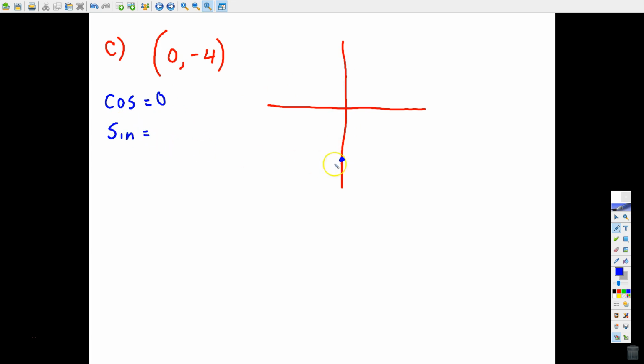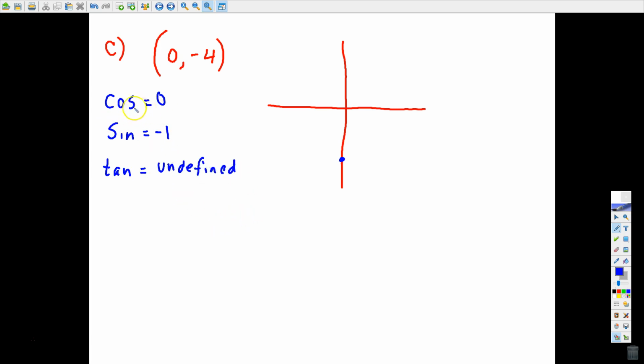Sine, if you're on the negative y-axis, will always be -1. Okay, so that's just always true. And tangent, in this case, since tangent is the ratio of sine divided by cosine, we can't divide by 0, so tangent is actually undefined.